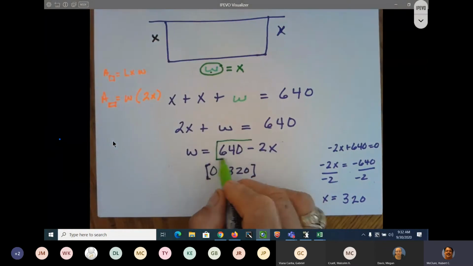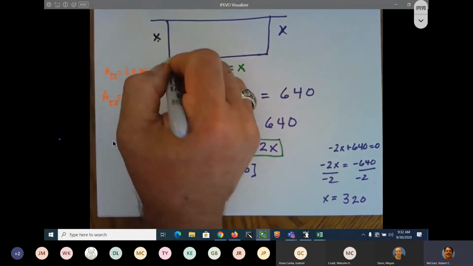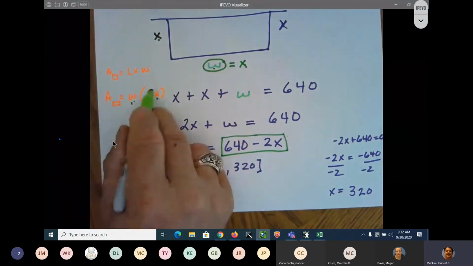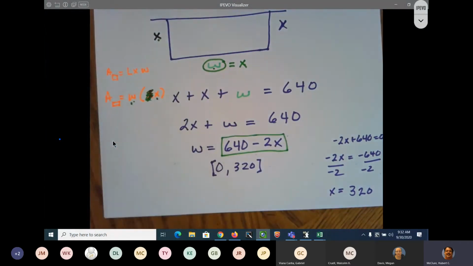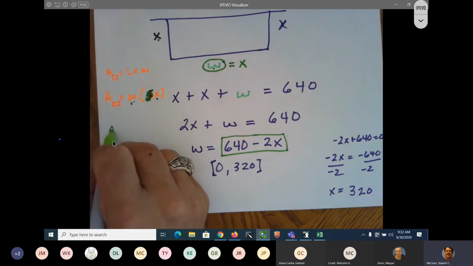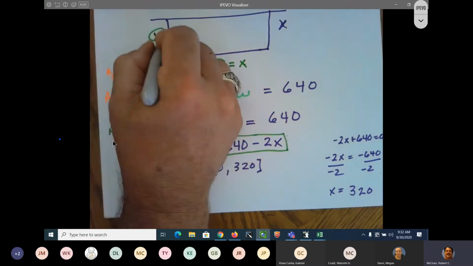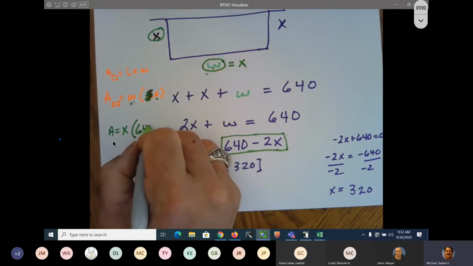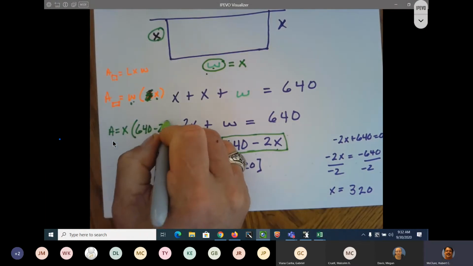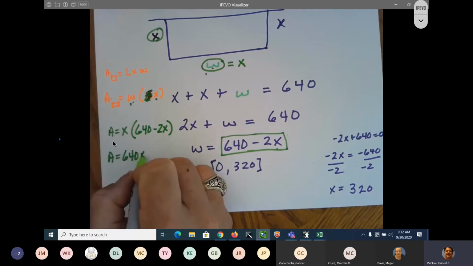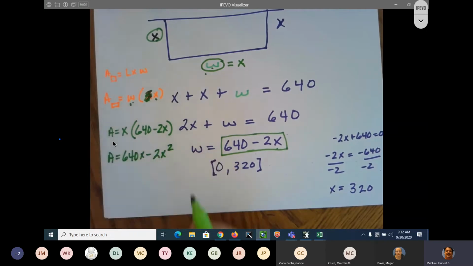They multiplied W times x, length times width, not 2x by x. So I had it right, I just did the 2 wrong. So the area is equal to x times W, which is 640 minus 2x. And that's going to give you 640x minus 2x squared.